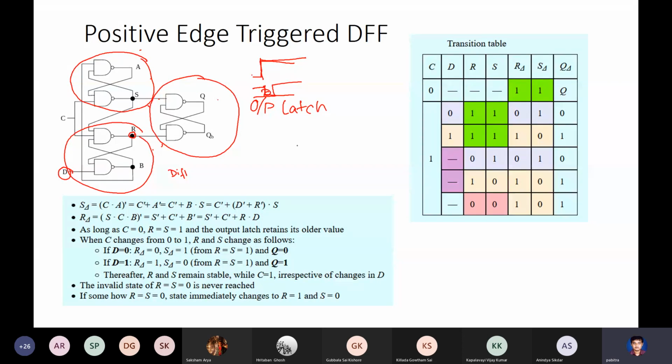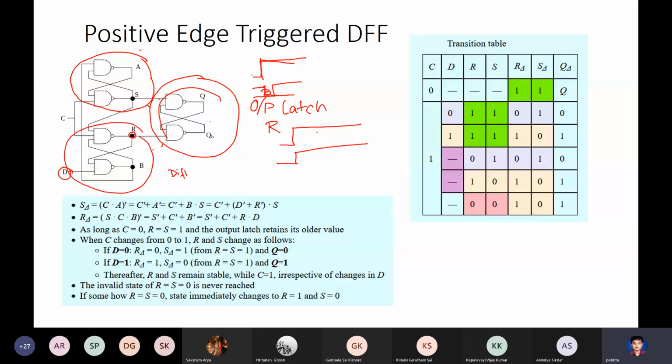Okay, I'll come to the detail. You can think of it like this: the top latch tries to set this output latch here in the on part of the clock. The bottom latch, depending on the value of D, whether it will hold the value or not, tries to reset it again in the positive part, in the on part of the clock.